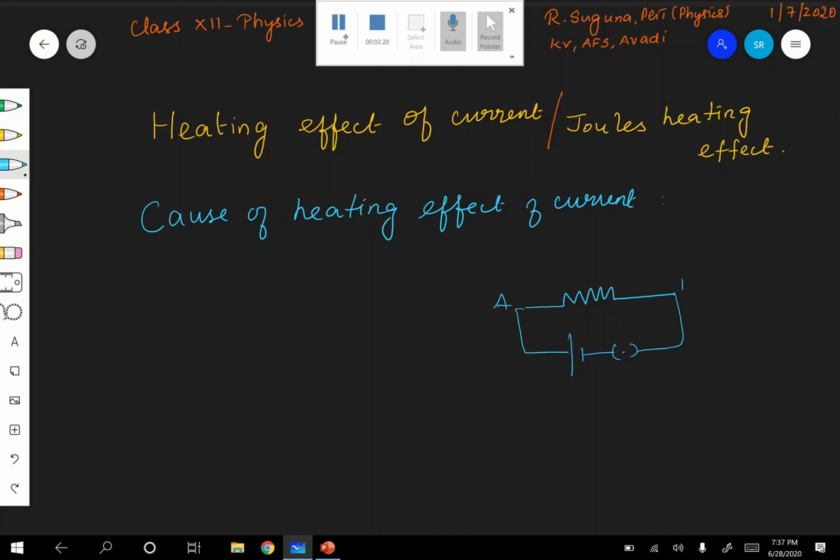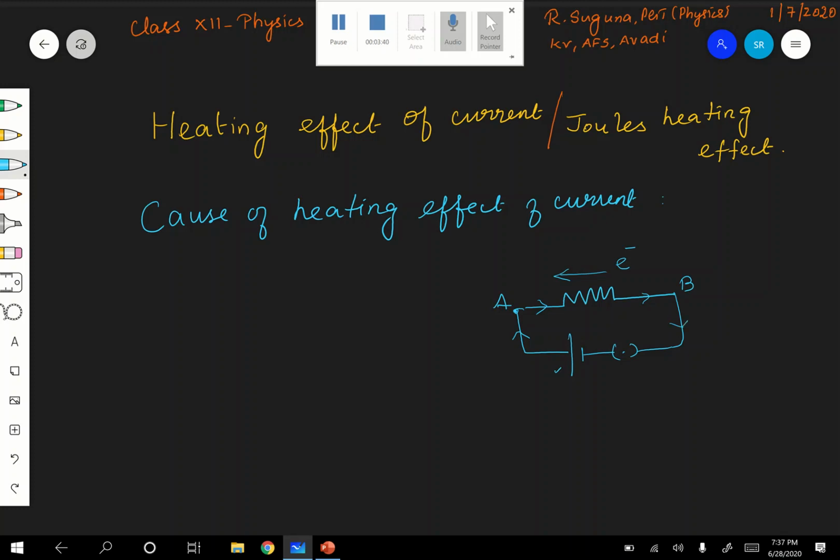So what happens? The electrons will drift towards the positive end of the conductor. The positive end of the conductor is A, because A is connected to positive. Therefore, the current will be flowing in the opposite direction.